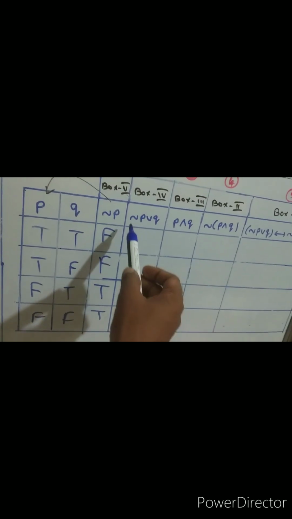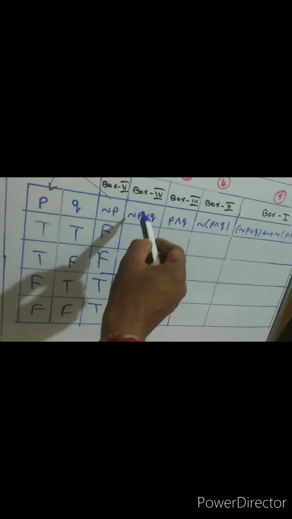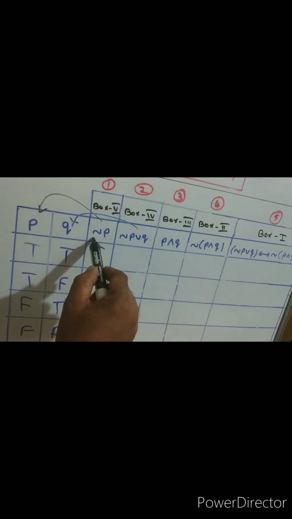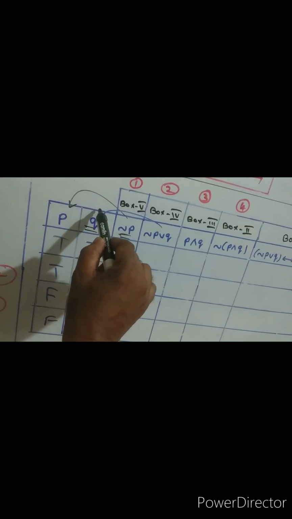Next, this one. R, not P, or Q. That is the Q. Now this is not P and this is Q. We are getting both of these.